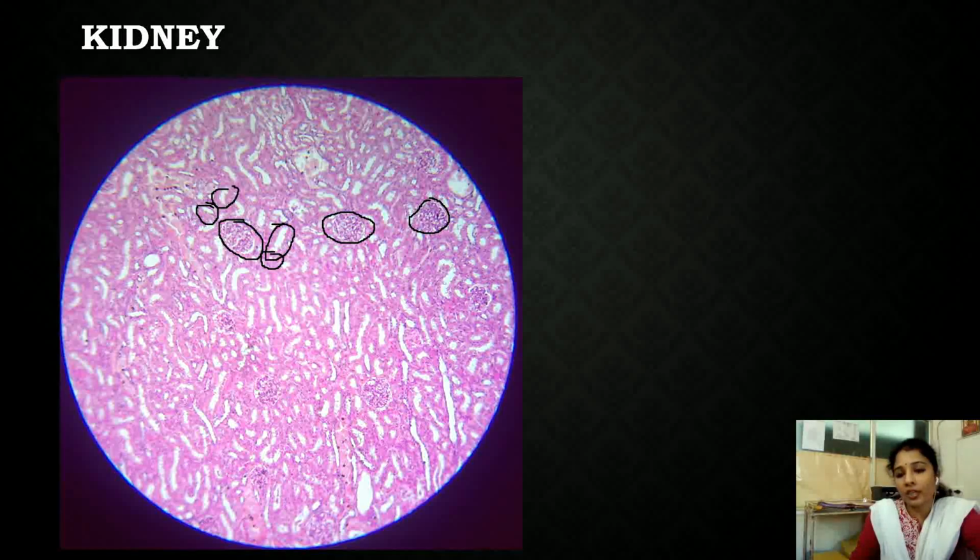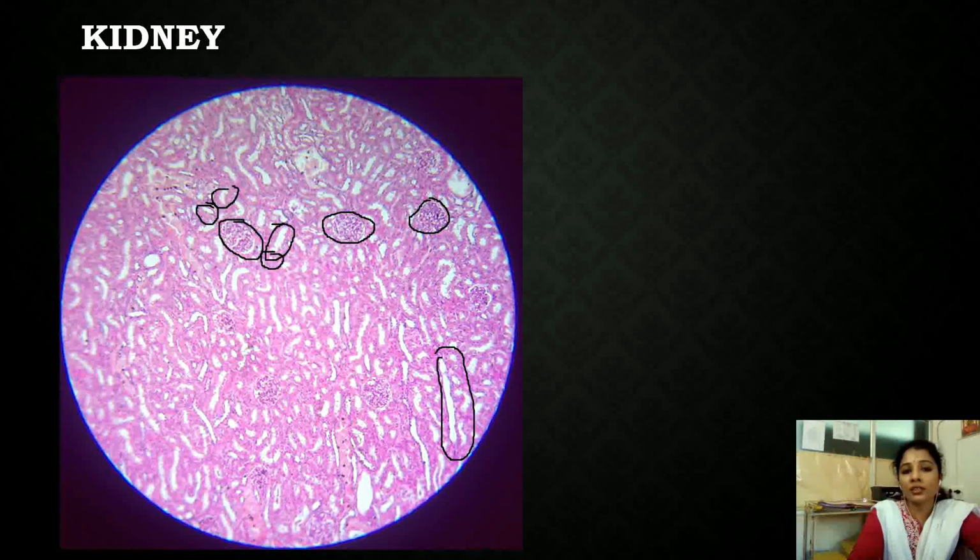Proximal convoluted ducts are lined by pyramidal cells, which have a brush border appearance on the inner lining, whereas the distal convoluted ducts are just lined by simple cuboidal or columnar epithelium with a larger lumen. And we can even appreciate the collecting tubules here. The collecting tubules all join to form the medullary rays, and collecting tubules are more seen in the medulla of the kidney.